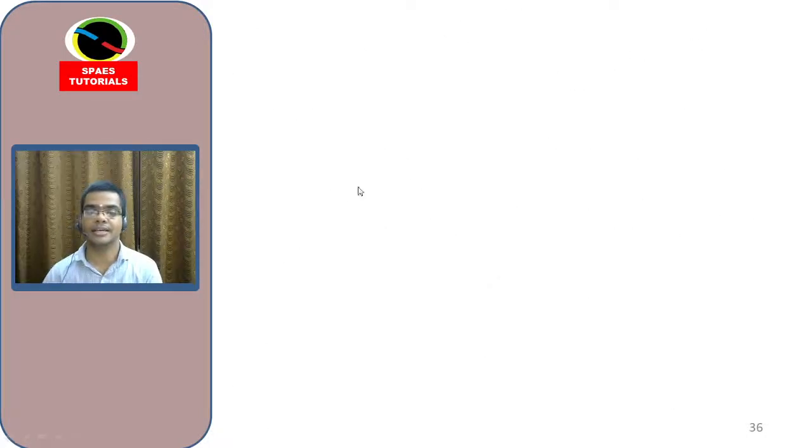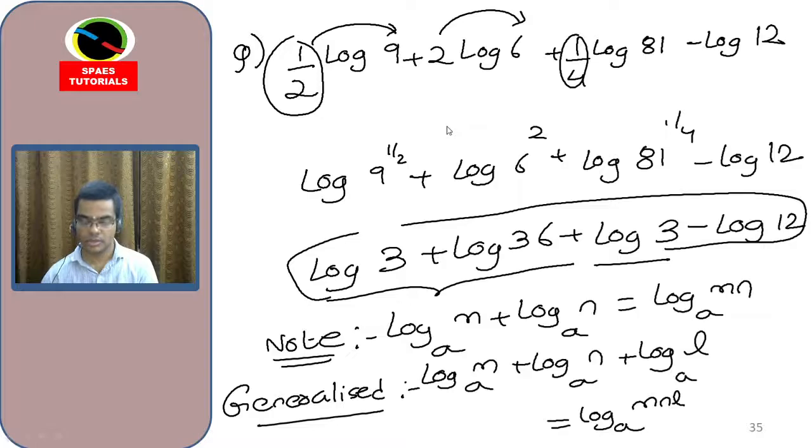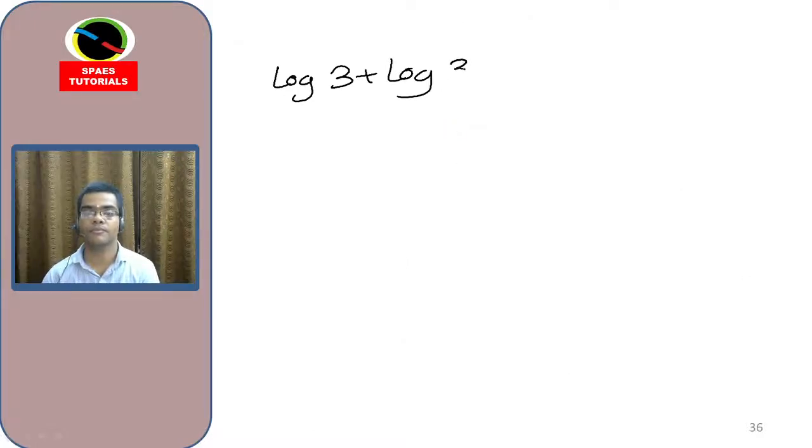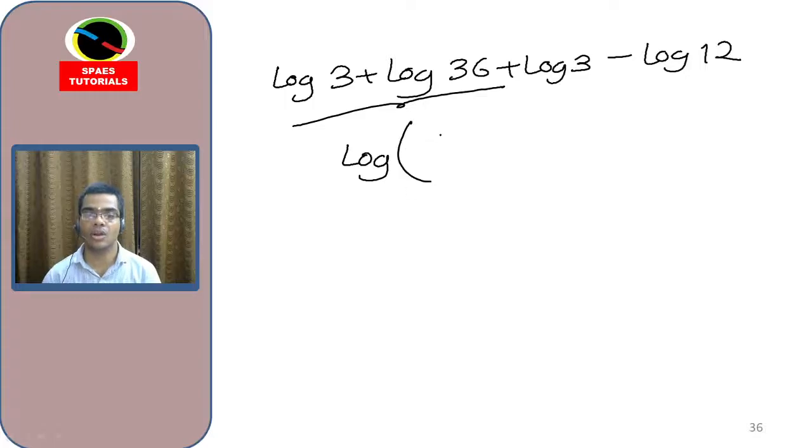So let's see that. Log 3 plus log 36 plus log 3 minus log 12. Now if you see carefully, we can combine these three and write it as log 9 into 36, and the last term becomes log 12.